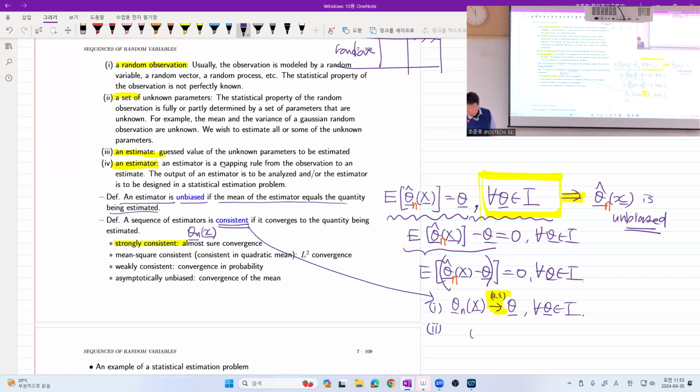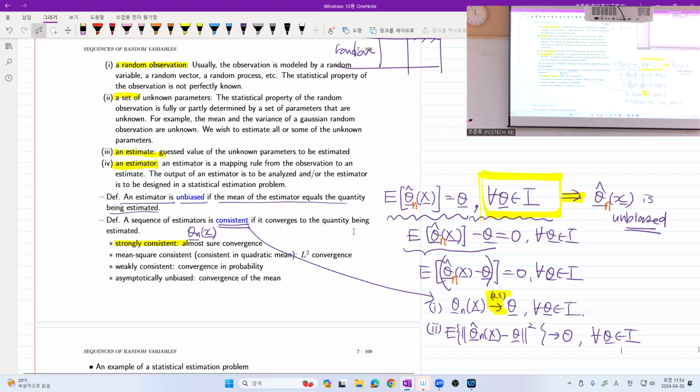You take the mean square error, and it converges to 0, again for all theta in the index set. So whenever you talk about a non-random parameter to be estimated, be careful that your condition needs to be met for all theta. The second one is consistency in the sense of mean square, the second mean.